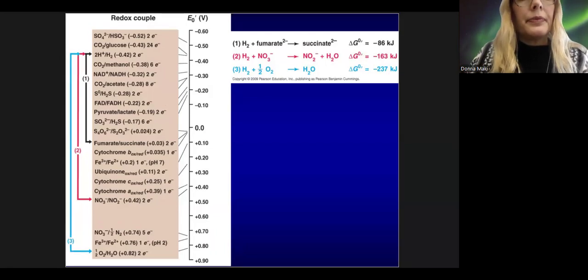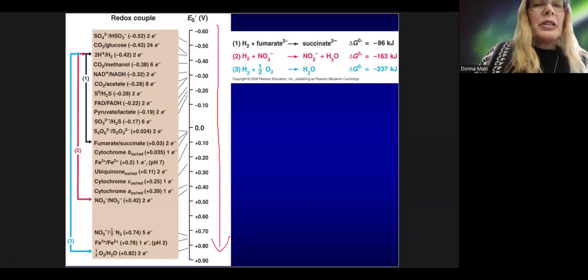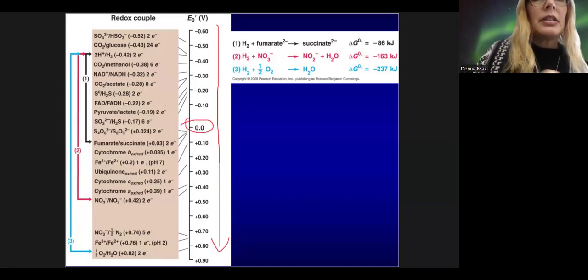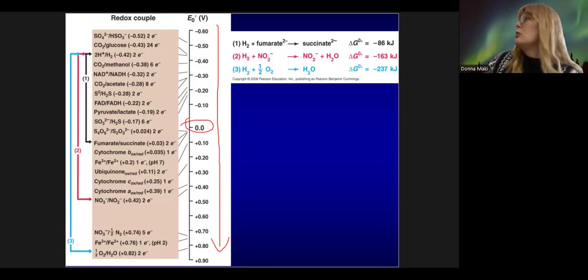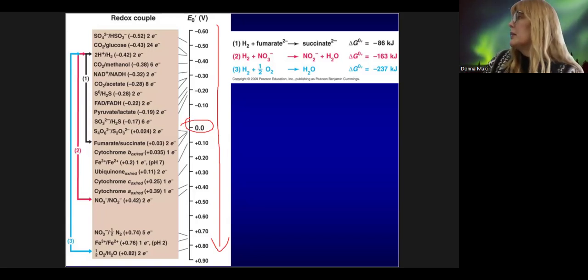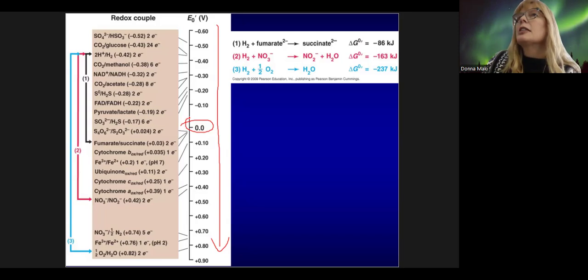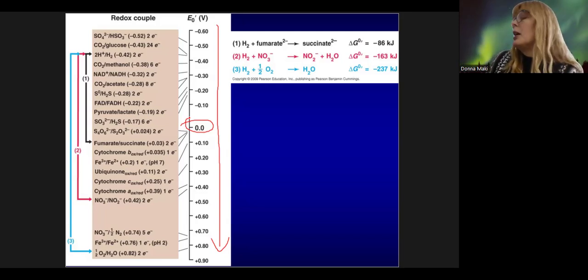You see all of that? So if it's above the zero, what's going on with the reduced partner? If it's above zero, does it like to give off electrons or accept electrons? Above the zero.